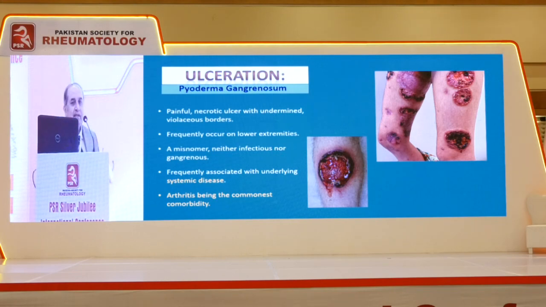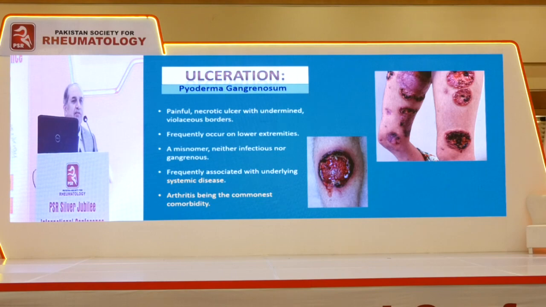In these ulcers of pyoderma gangrenosum, because the border is violaceous with undermining of the margins, the culture would be negative, gram staining would be negative, but this is non-infectious.